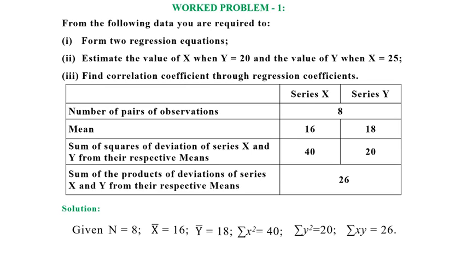Now using these values and selecting the suitable formula, you have to construct two regression equations, then estimate the value of x when y is given and the value of y when x is given, and finally find the correlation coefficient using regression coefficients byx and bxy.